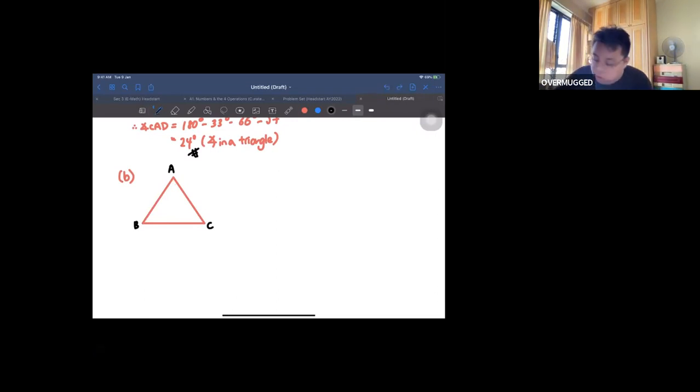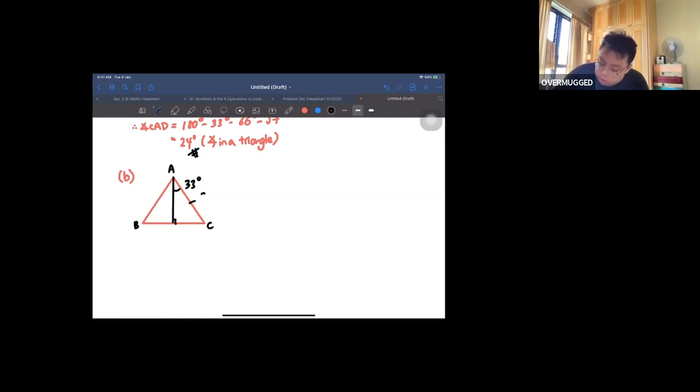A unique thing about an isosceles triangle is that if you draw a line going straight down like this, it will cut at 90 degrees, the perpendicular bisector of BC. So hence, we have formed a 90-degree triangle. For this angle here, we know that this is 66 divided by 2, which is 33.